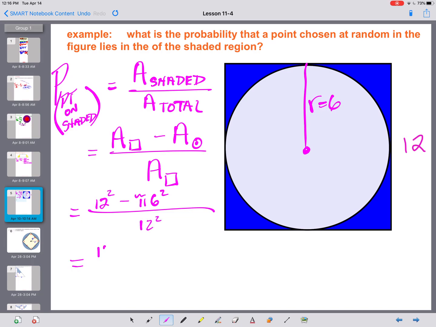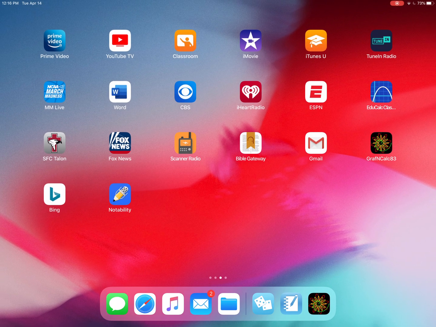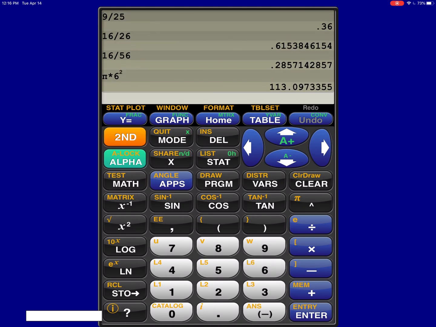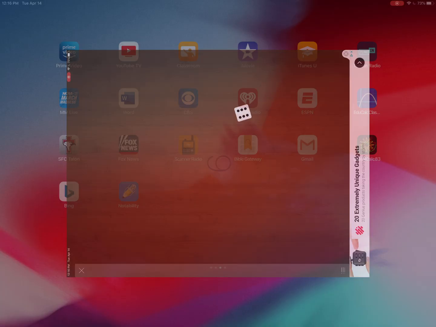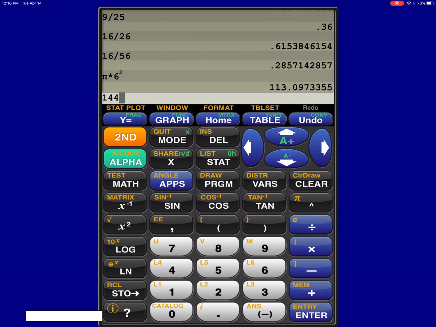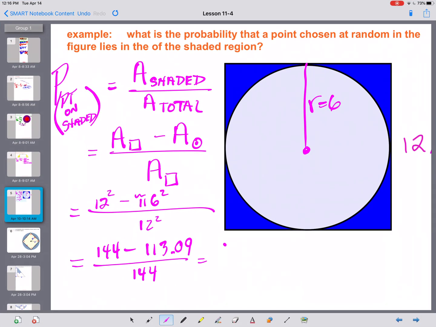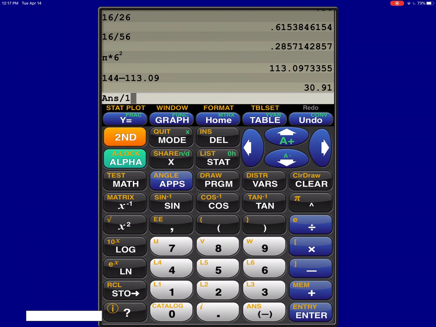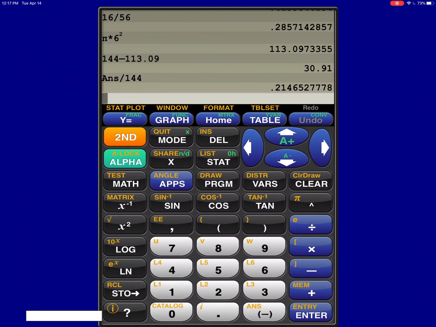We got 144 minus pi times 6 squared, which is 113.09, all divided by 144. 144 minus 113.09 is 30.91. 30.91 divided by 144 gives our decimal, 0.214.